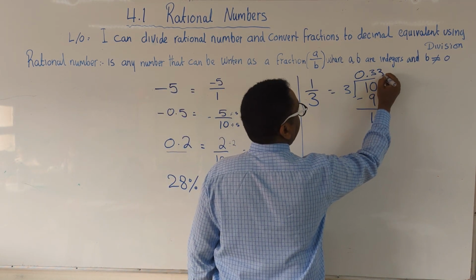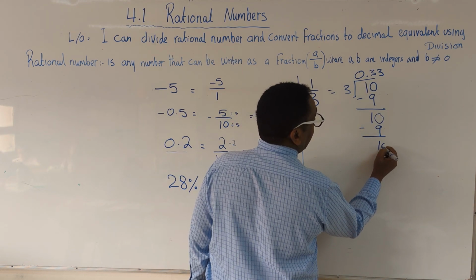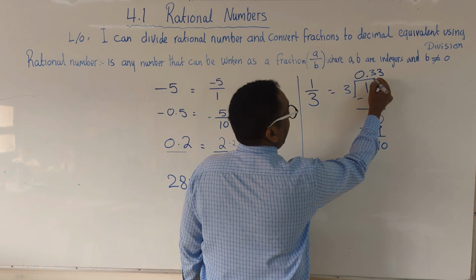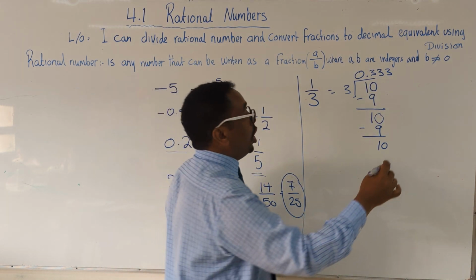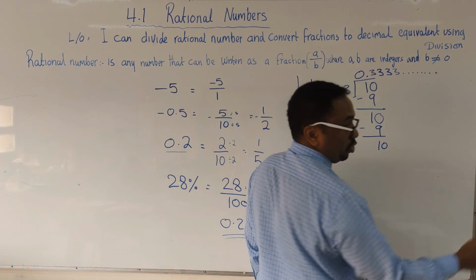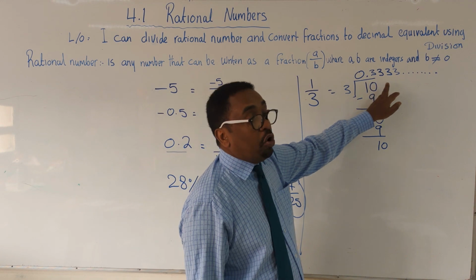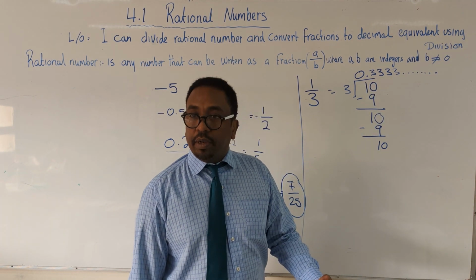Then we multiply, we have 9. Again, the process will be repeated. And if we carry on we will have 3, 3, 3, on and on and on. It will never stop. This is why we call it a recurring decimal or repeating decimal.